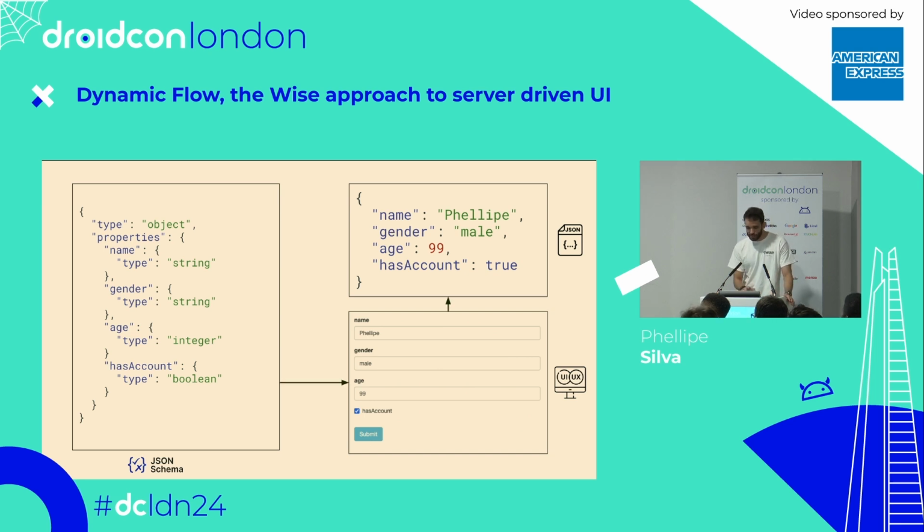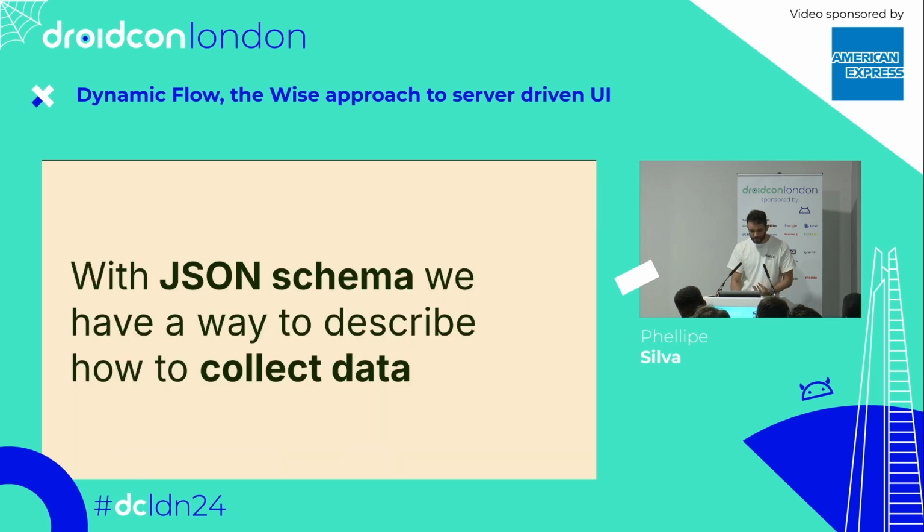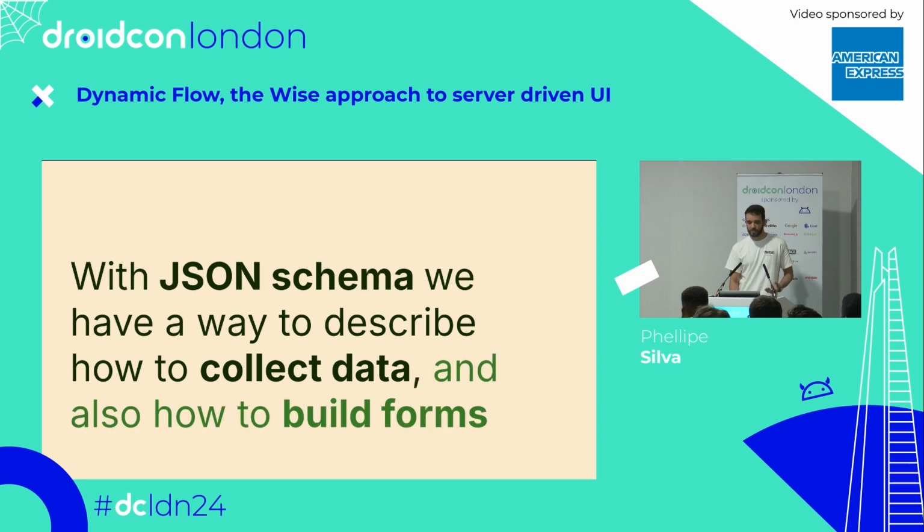So you could have both things, a form-like experience and the structure of the JSON you collect, described by the same JSON schema. So, repeating, with JSON schema we found a way to describe how to build forms.